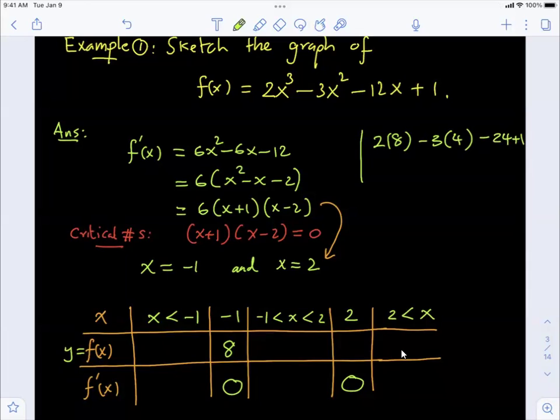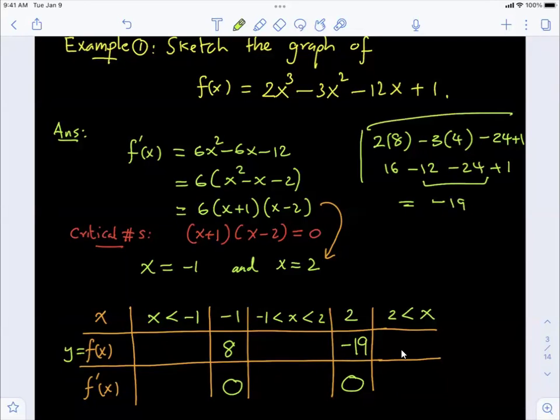Now we need to simplify this. We are going to get 16 minus 12 minus 24 plus 1. You will end up getting -36 here, and with positive 16, it's going to be -20, and then with plus 1, it's going to be -19. So minus 19 is the y coordinate.